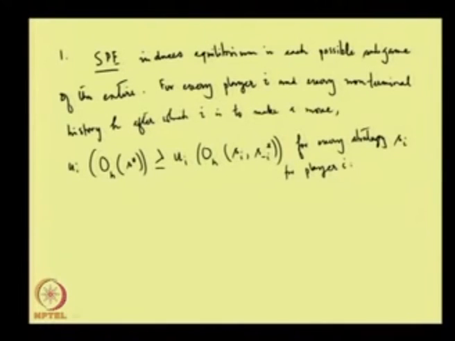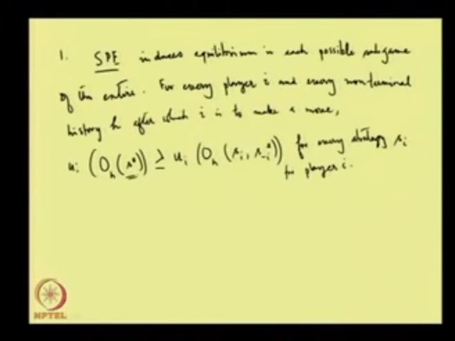What we are saying is that in subgame perfect equilibrium, it is not only the case that the game as a whole is in equilibrium, that in the beginning of the game the strategies chosen by players are optimal, but the optimal strategies are there for each and every possible subgame, even those subgames which are not touched by the equilibrium strategy of each player.